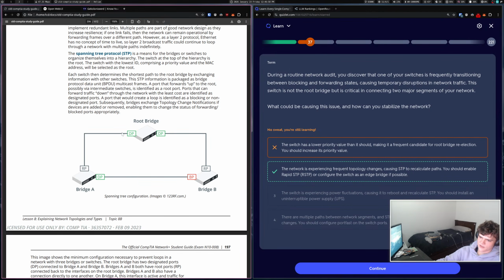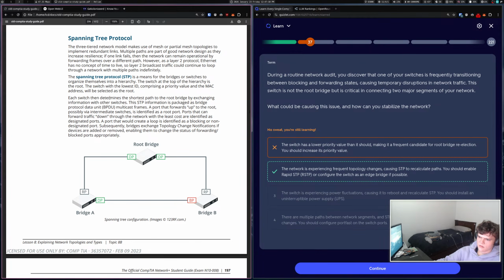So these two have designated ports because they're the root bridge, and the designated ports are the things that communicate with these RP. What is RP? A root port because it goes up to the root, and then designated port. And then this is a blocking port because it's blocked.